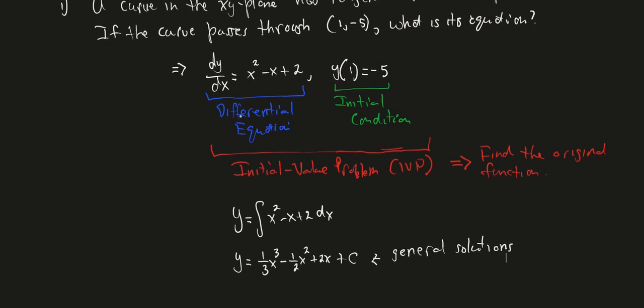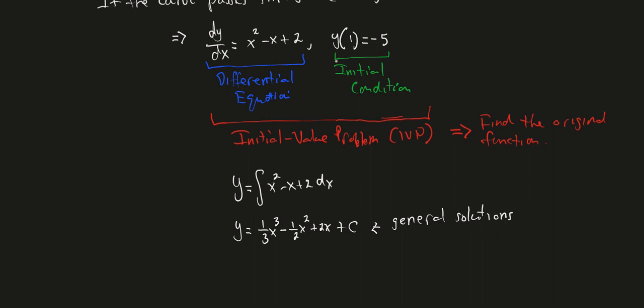So let's now use the information here in green, and this is how I like to say it: when x is equal to 1, y is equal to -5. So what does that mean?